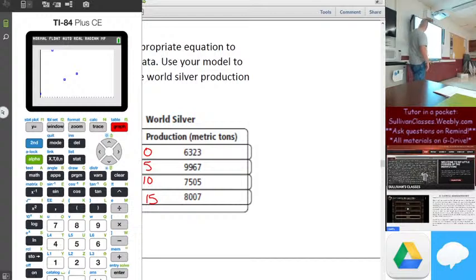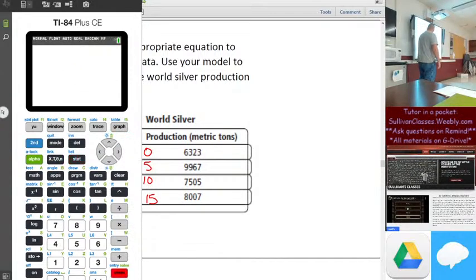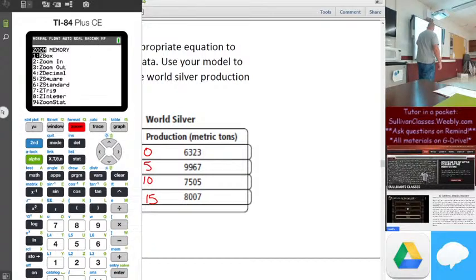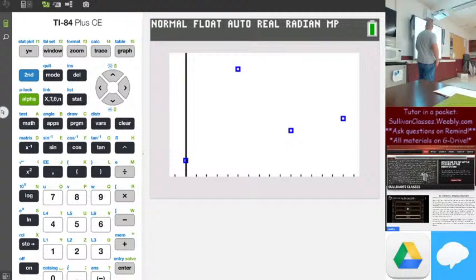Did I fat finger a number? Because that looks off. Or is it a cubic? Oh, okay. So how about we ZoomStat? We all know that one. Now, if I try to draw a line through this, you are just big old steaming pile of SOL. If I tried to do a parabola through it, it's not going to look so hot.